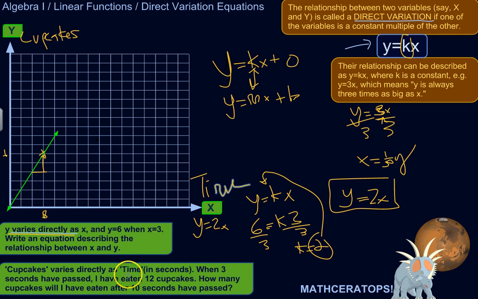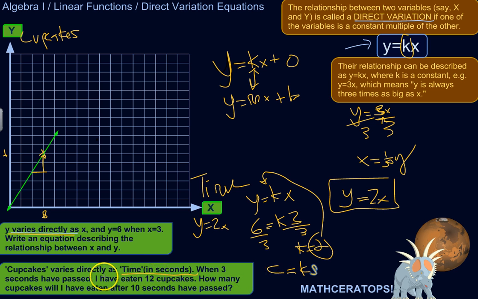If it's uncertain, always guess putting the variable that has to do with time on the x-axis. Just a little hint there. So let's set up what we know so far. Cupcakes varies directly as time in seconds. So we know that c, cupcakes, equals some constant times seconds.